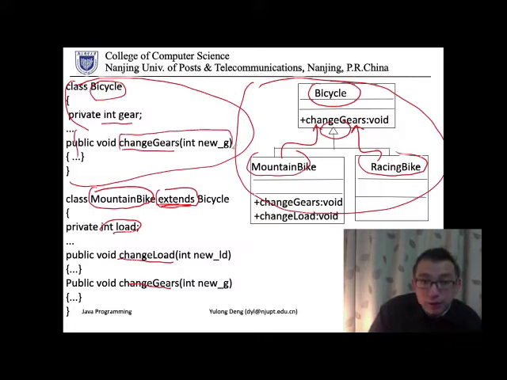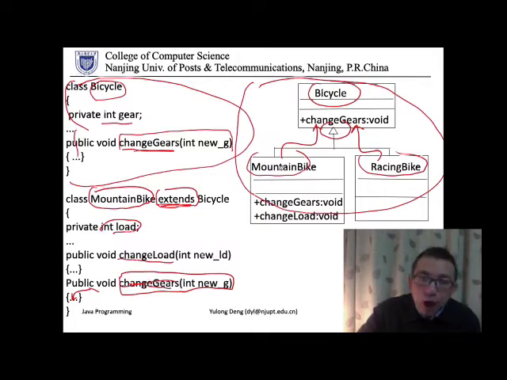In the superclass, we have a method named change gears, but in the subclass, we can also define change gears. The same name, but you write different code here. So we give a new implementation of the change gears method. We call this overriding. In a future class, we'll discuss in more detail how to define method overriding.